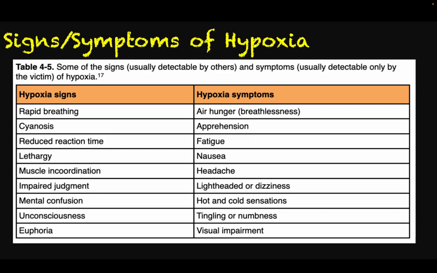And then some symptoms include breathlessness, apprehension, fatigue, nausea, headache, lightheadedness, hot and cold sensation, tingling or numbness, and then visual impairment. Those bottom two, the euphoria and the visual impairment, are the two that you should probably be looking for the most closely because those are going to be the ones that show up the earliest compared to some of the others.